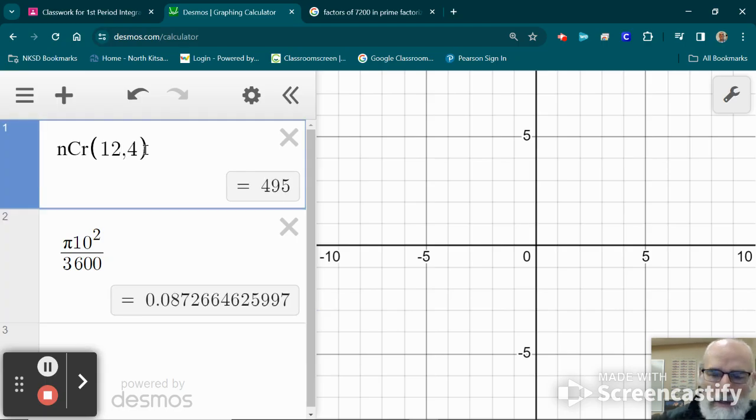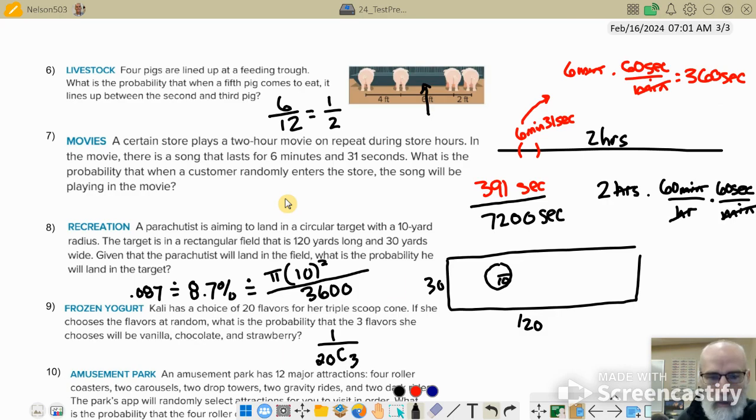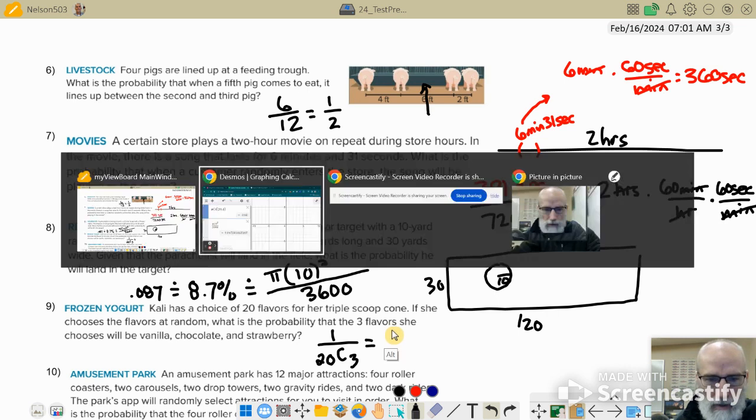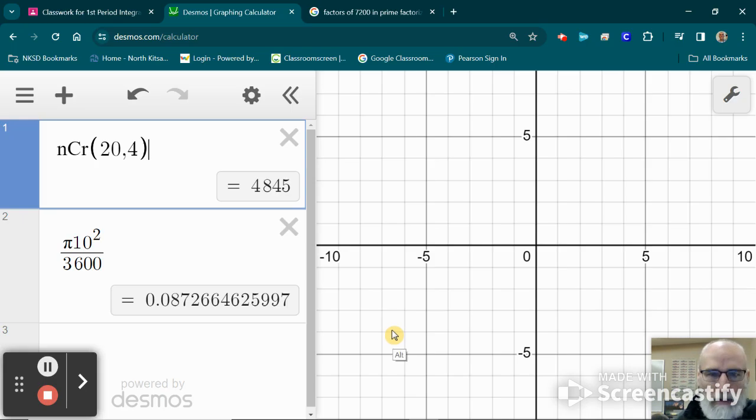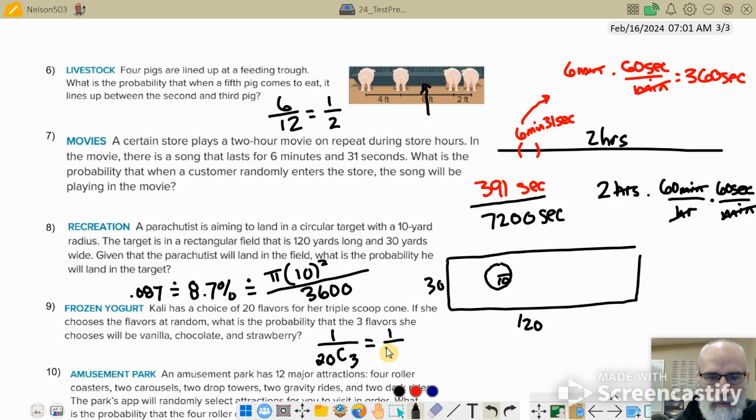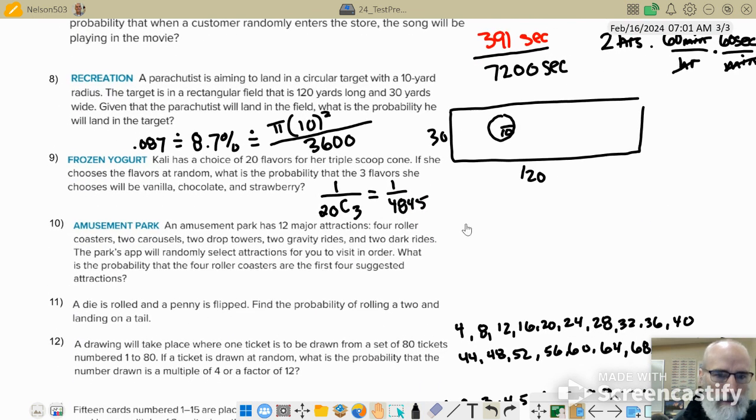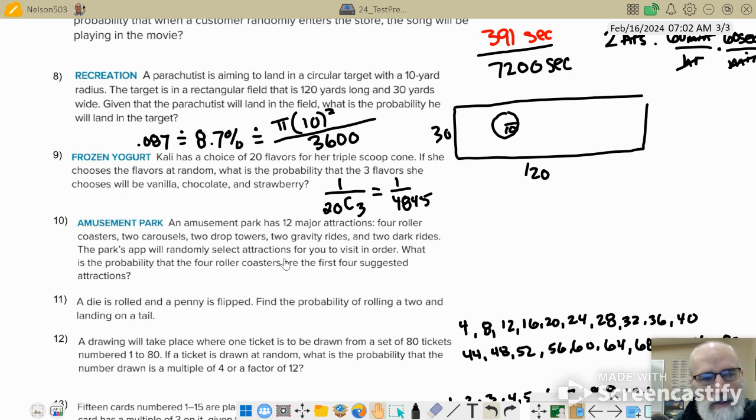So I just have to change this number right here to a 20, and I get 4,845. So I go 1 over 4,845. Now, this next one feels different, but I think it actually ends up being the same.